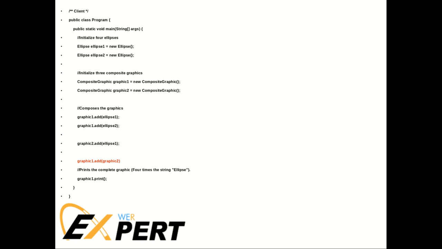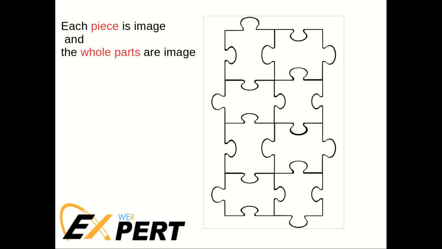Now, this example shows us how we can add a graphic to another object. Here we have graphic 2 add ellipse 1, and graphic 1 adds the whole graphic 2 with its components. Okay, this is a simple example. Also, each piece is an image and the whole is also an image.